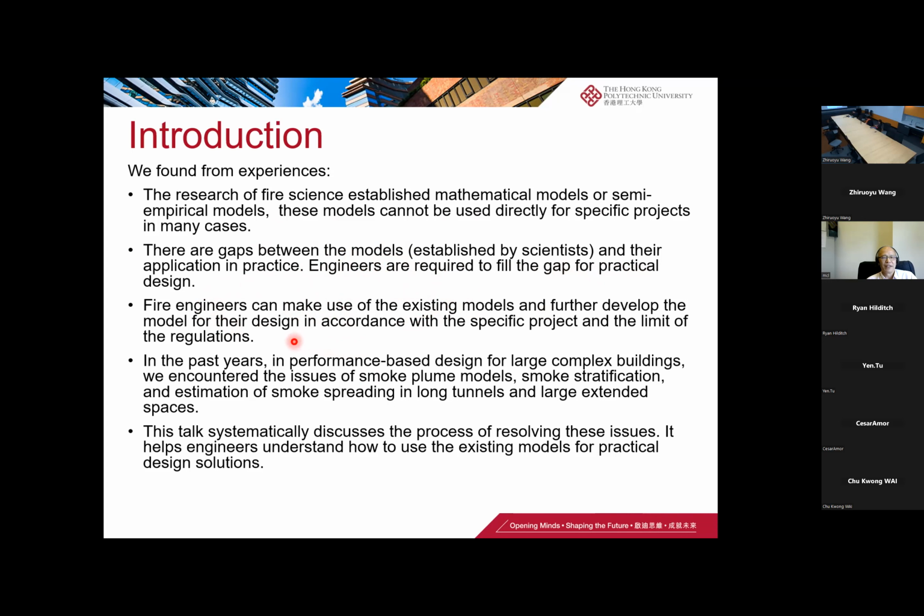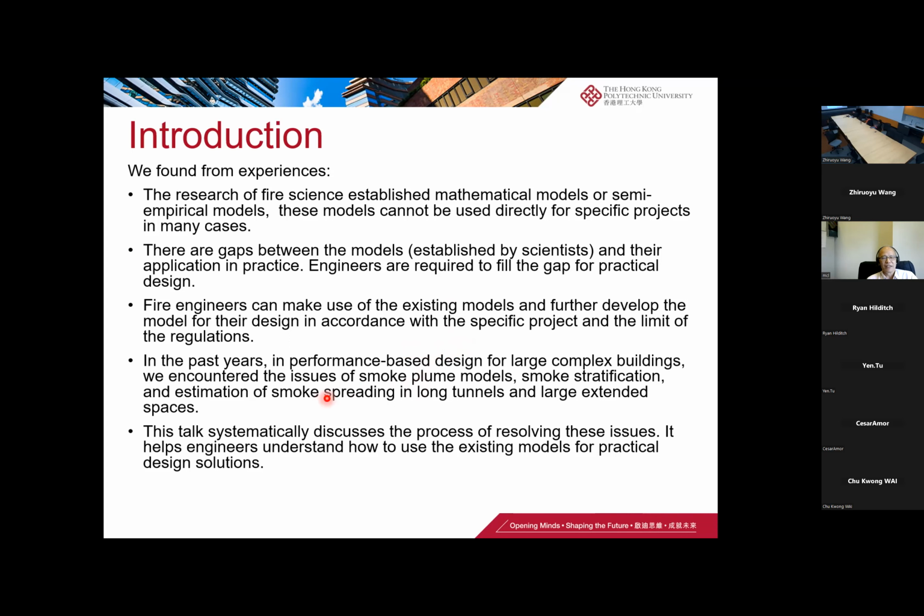In many cases, fire engineers can make use of an existing model, like an empirical model developed by scientists. But we need to further develop it for the design, to take into account the specific project and the limits of the regulations.